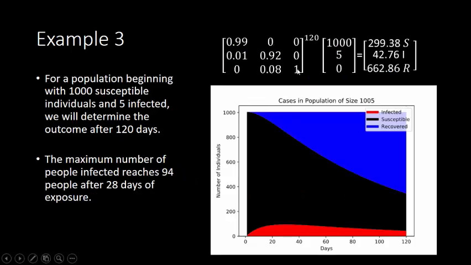Using that probability matrix, multiplying it times the outcome for 120 times, using that initial population, the results here tell me that we have about 300 people that are susceptible after 120 days. 43 are infected, remaining in the infected group, and 663 are considered to be recovered.